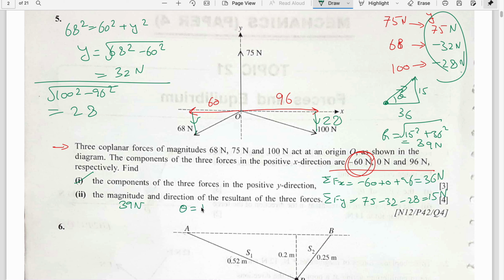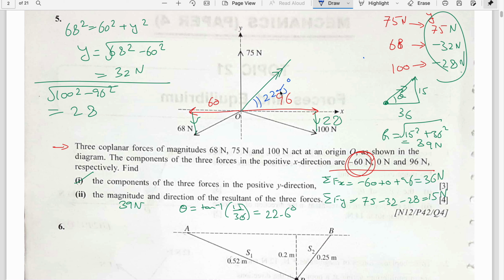Theta is equal to tan inverse of perpendicular over adjacent, which is 22.6 degrees. Now be sure to write that in proper words. If this is 22.6, this is with the horizontal.